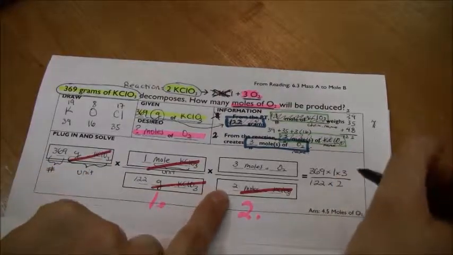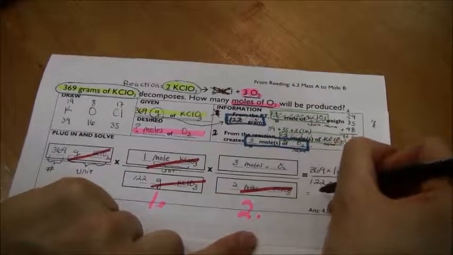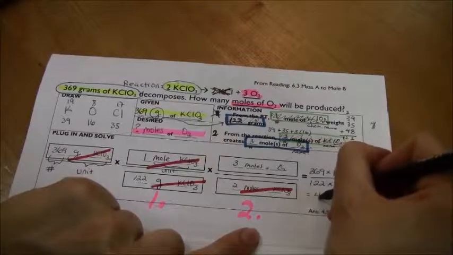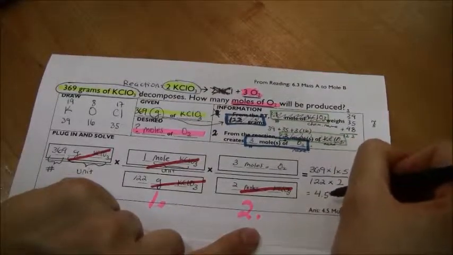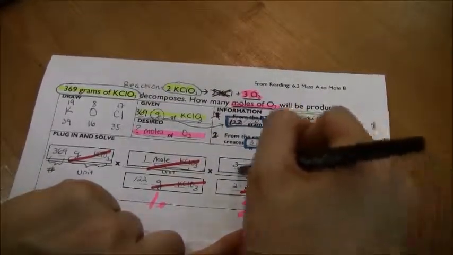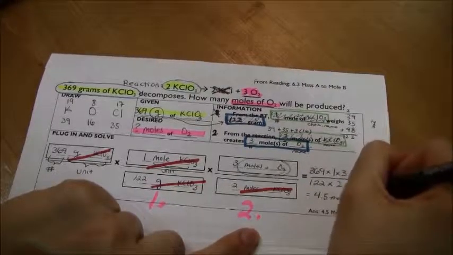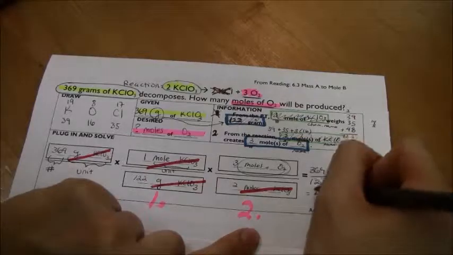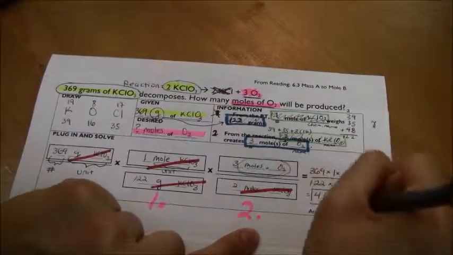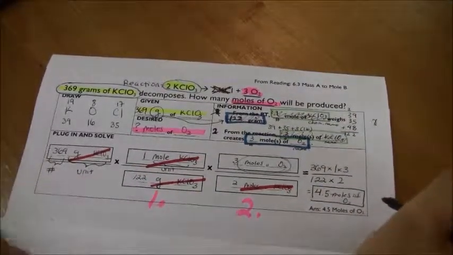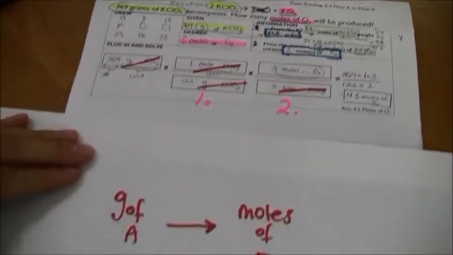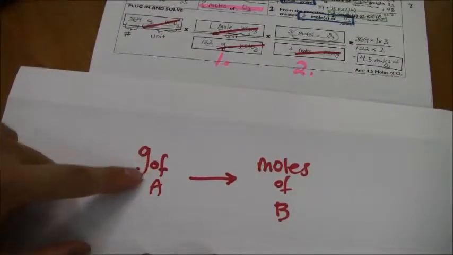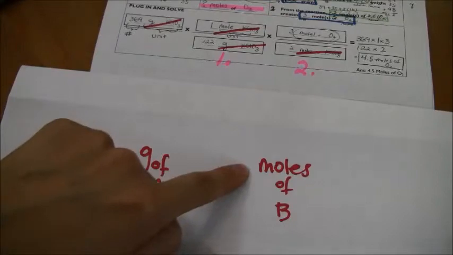After you simplify and do the math, your answer will come up to approximately 4.5, but we're not done. The unit that's left is moles of O2. Go ahead and box your answer, and then we are done. Congratulations, you can now convert from grams of one chemical to moles of another.